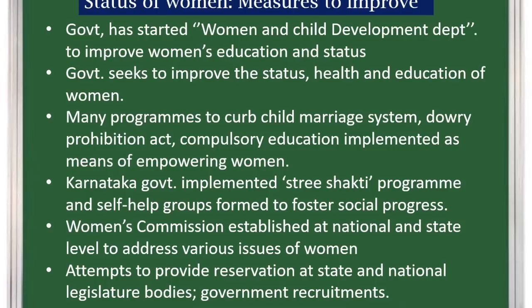Women's Commissions have been established at national and state levels. A separate commission for the upliftment of women has been constituted by the government to address various issues related to women.